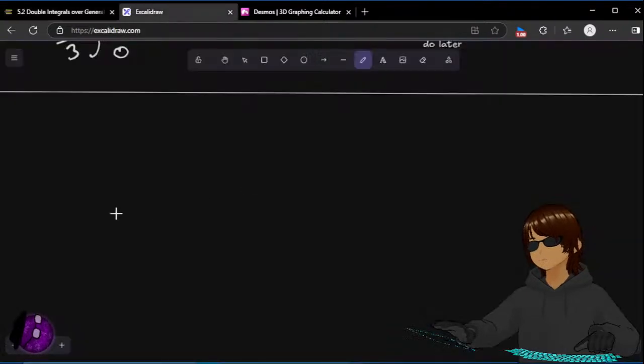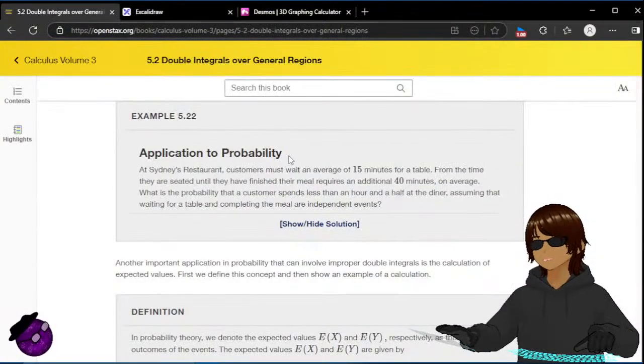Customers wait an average of 15 minutes for a table. From the time they are seated until they have finished their meal requires an additional 40 minutes on average. What's the probability distribution? Is it uniform?